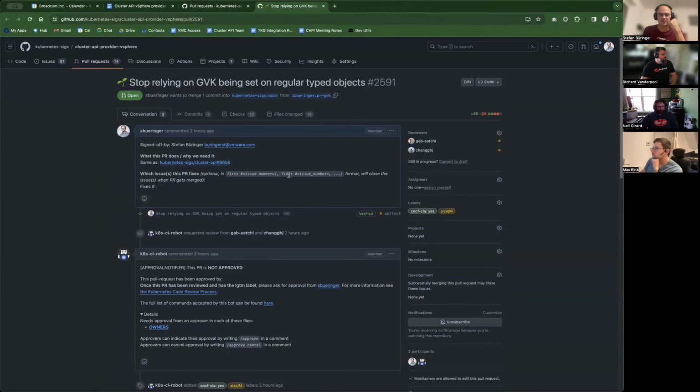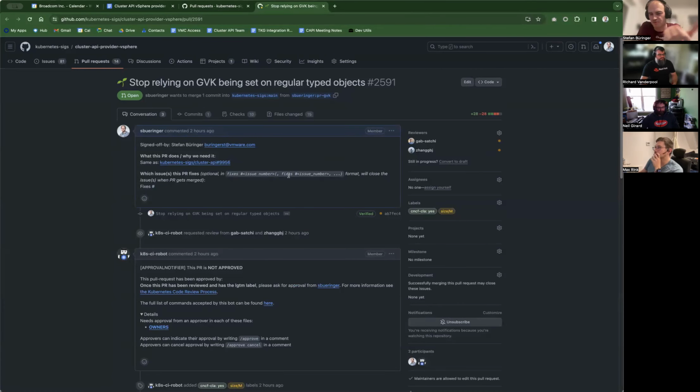And then last but not least, I had some discussions the last few days with controller-runtime maintainers about how clients work. There's this fun situation that depending on which client you use in controller-runtime, you end up with different behavior regarding whether TypeMeta is set in your API objects.